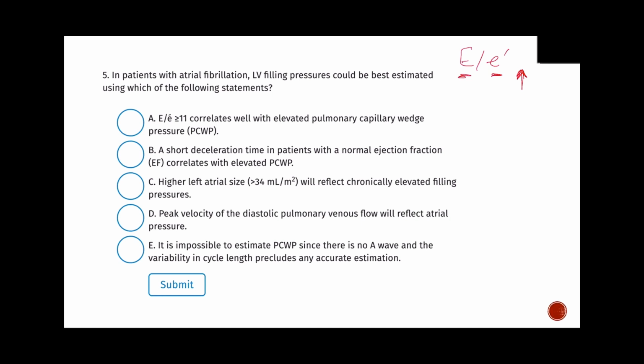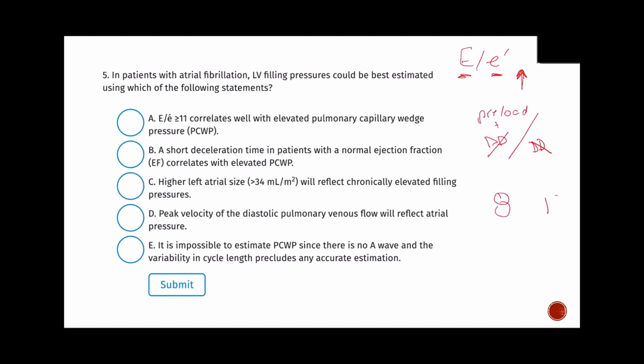So if this is going up and our E prime wave stays relatively constant, as we talked about in patients with diastolic dysfunction, that's going to mean that our preload and diastolic dysfunction, over something that's just related to diastolic dysfunction, leaves us with just preload. So a high E to E prime is going to be most consistent with someone with increased filling pressures, increased LVEDP.